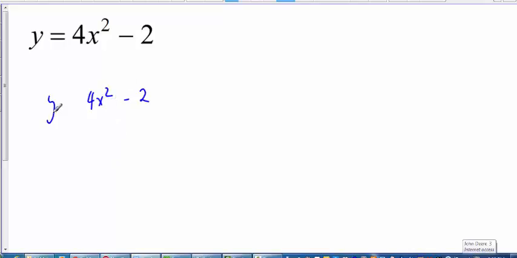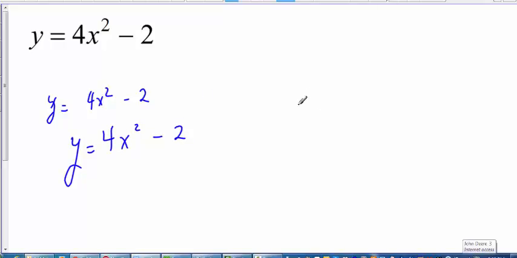What you have to understand is because it has no linear term, there's no linear term. What I mean by linear term, that's an x to a first power. Then the quadratic is already in vertex form. Okay, so the answer would be exactly what you started out with. y equals 4x squared minus 2.